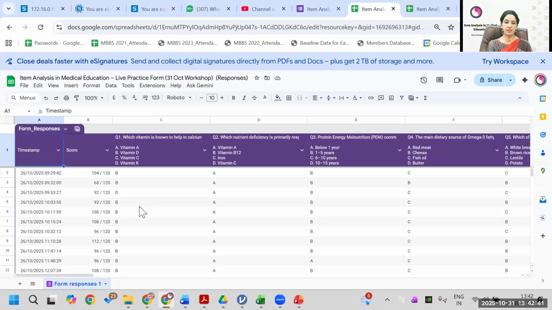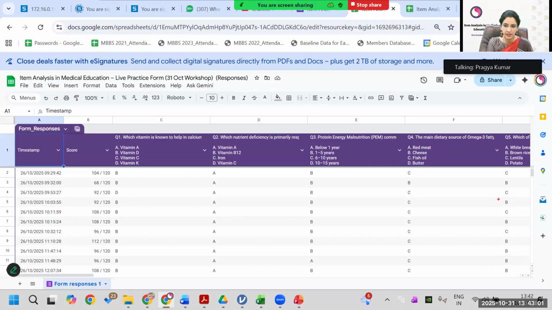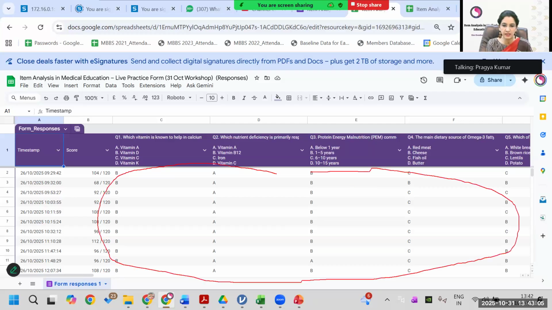Otherwise, if you don't give this option A, B, C, D separately, the option will come as text, like vitamin D, whatever text you have written as option A, B, C, D. It doesn't come as clean A, B, C, D data. So if you have given the answer like this, you can see the spread of the data. Here in the response, you can only see B, A, B, C and something like that.